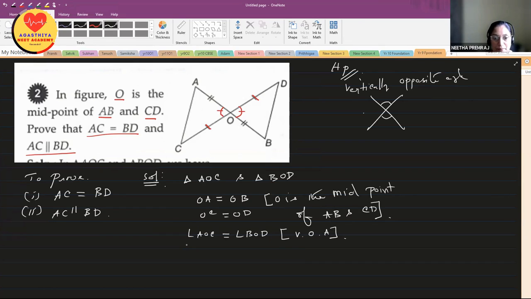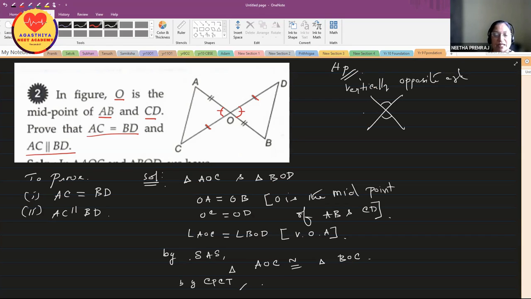SAS: side, angle, side. Triangle AOC is congruent to triangle BOD. So you can write by CPCT.